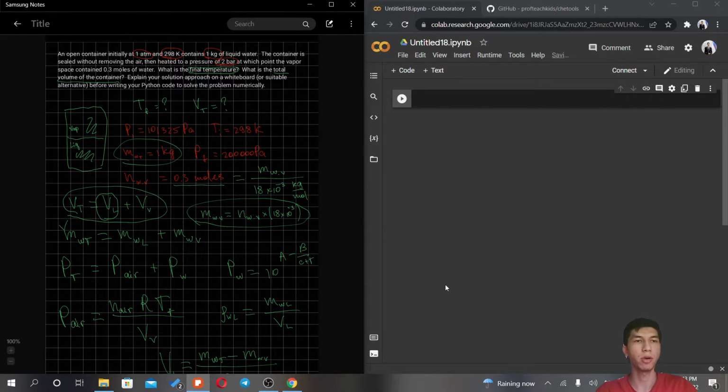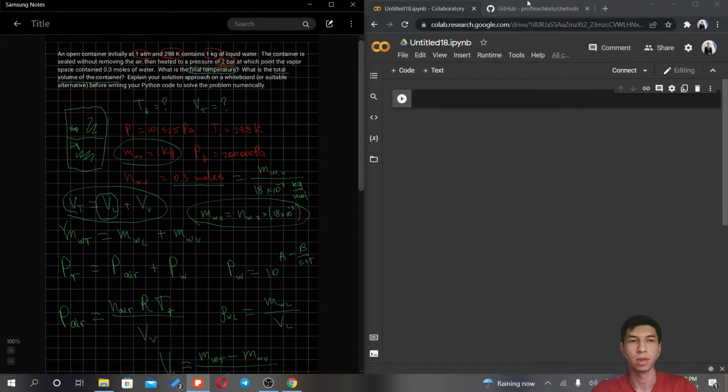To solve our question using Python code, we will need to use the equations that we determined from the concept and apply them to the SciPy optimize root solvers to get the values for the final temperature and the total volume.